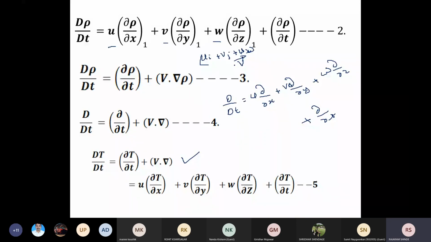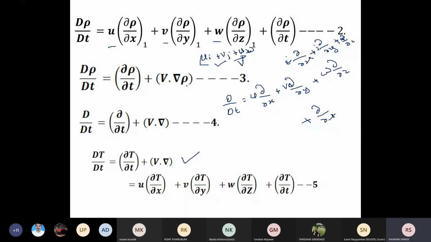And velocity vector into the derivative of this rho, if it is dou by dou x i plus dou by dou y j plus dou by dou z k, multiplied by this i j k, this becomes the gradient of rho. When we take the product of this one and this one, you will get this equation. So I have replaced this product by V dot gradient of rho.